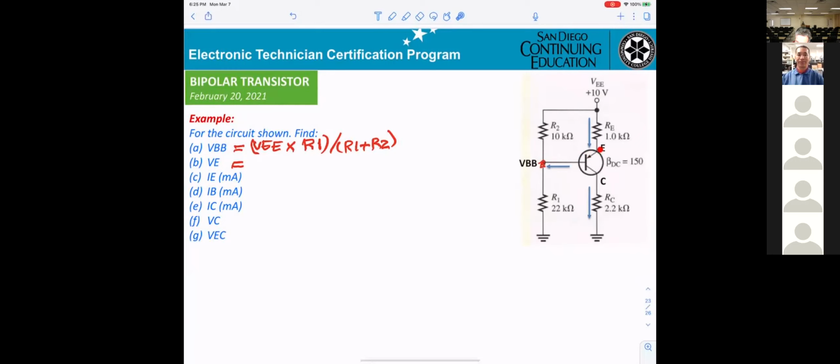So VE to the ground has to be VBB added plus 0.7. Sorry about that, that's a PNP.